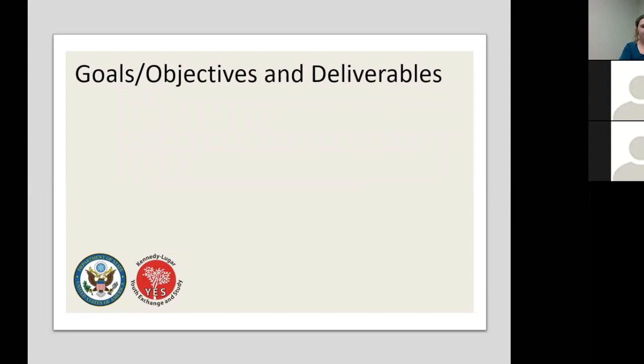Okay, so let's talk a minute about goals and objectives. And we're going to have one more poll for those of us who are joining from Zoom. Can we launch the poll? Now, I want you to figure out, what goal do you think is more likely to result in success?